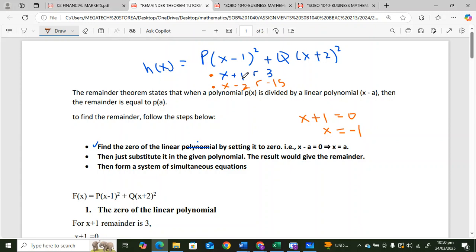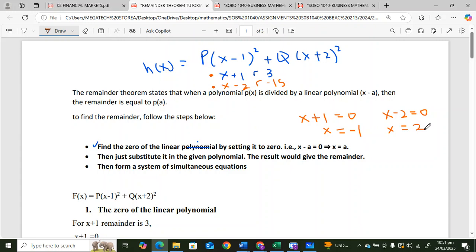For equation 2, you also get the zero of the equation. X minus 2 equals 0. Just take the 2 to the other side, x equals positive 2. Okay, this is the first step. Get the zeros of each linear equation. You'll be given the linear equations in the question. Get the zeros of each of them.